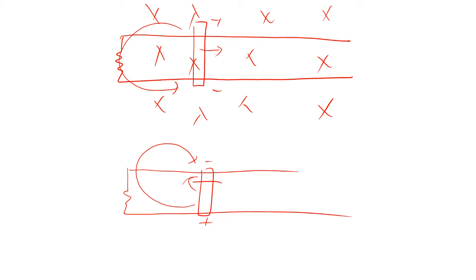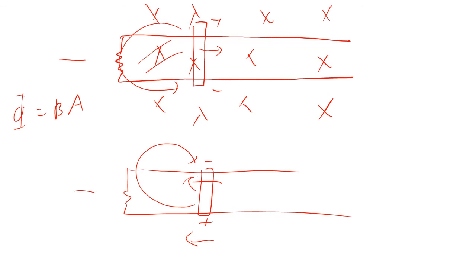Okay, well, notice as the thing's moving to the right, the area is getting bigger, so the flux, which is B times A, is getting bigger. And so an increase in area makes it go one way, a decrease in area makes it go the other way. So this up here is increasing flux, that's decreasing flux.